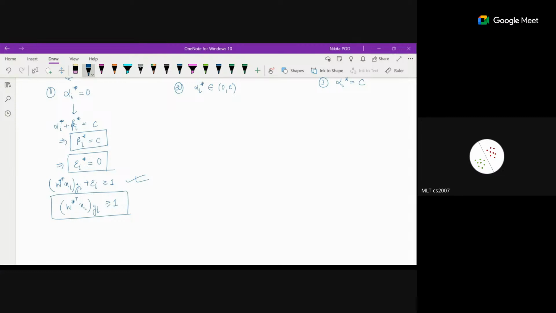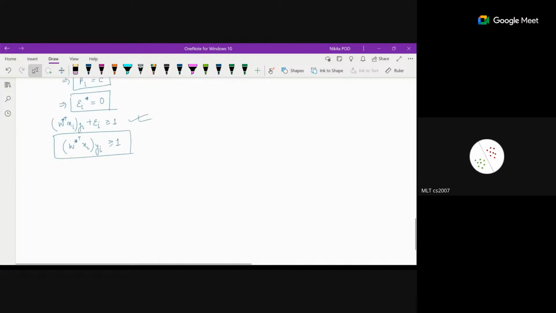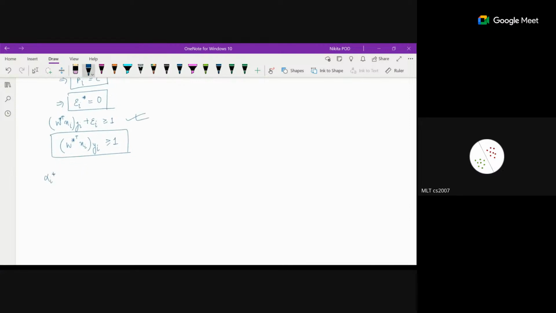So what we got is that if my alpha I star is equal to 0, it means that W star transpose Xi yi should be greater than or equal to 1.